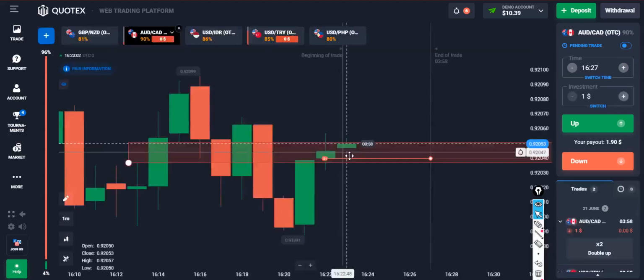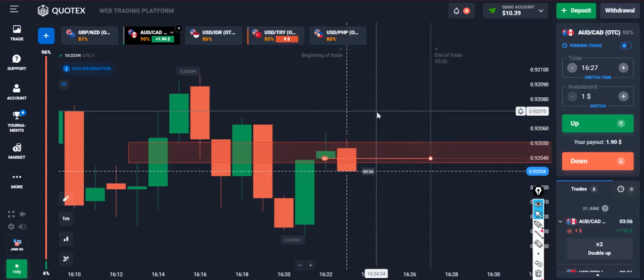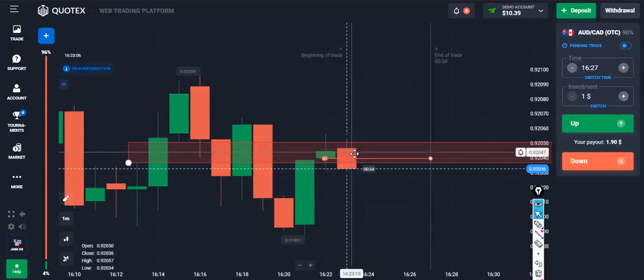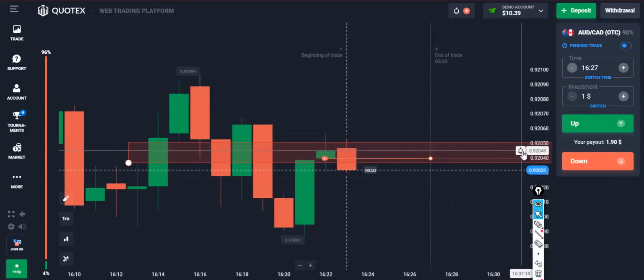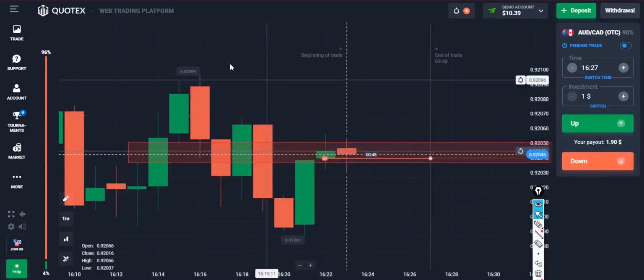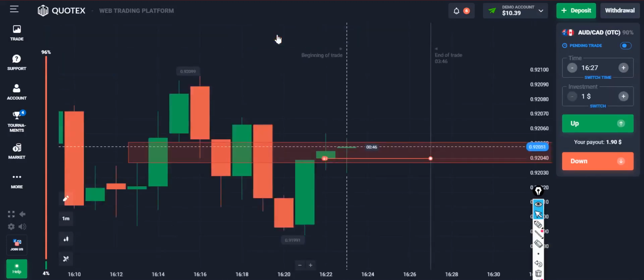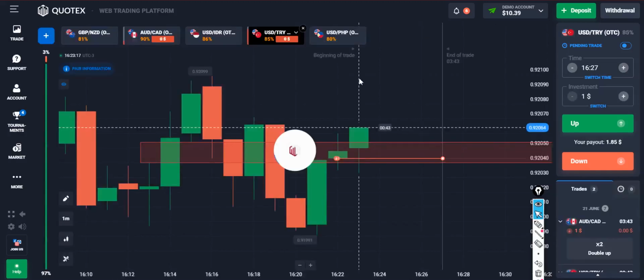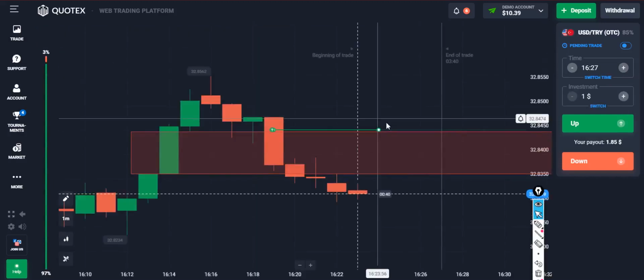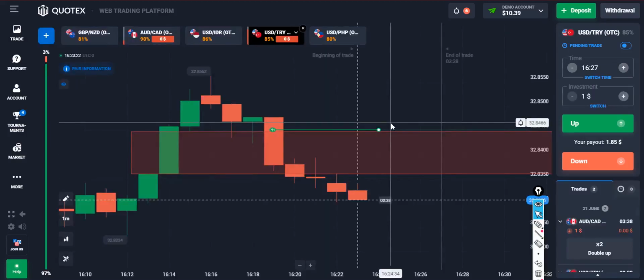The candle will come down. Why? Because there is a gap, and the market always fulfills the gap. We're gonna put an alarm right here. Let's see what is happening.